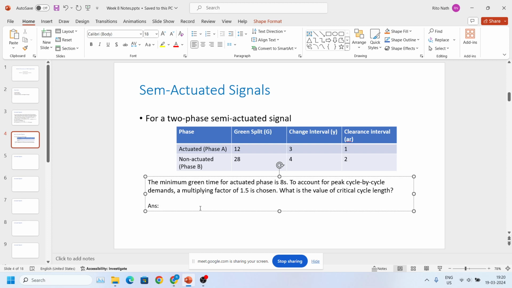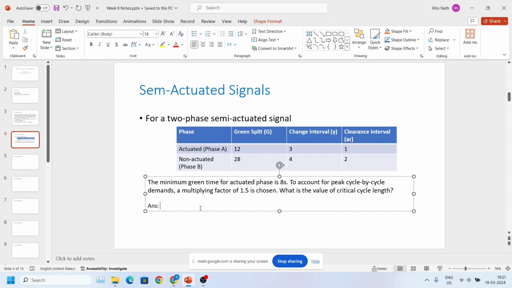And then you also have to check for this G min of B, and then sum those up and also sum the change interval times as well as the clearance interval times to get the total value of the critical cycle length. So that's the idea.